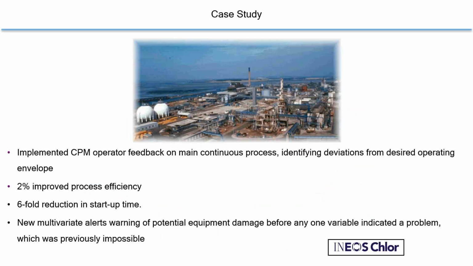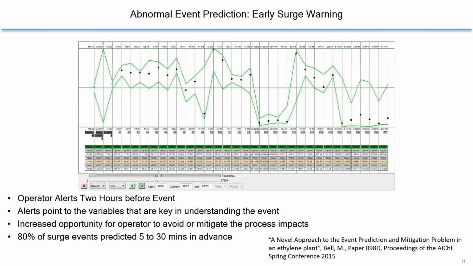That can be used for a lot of different applications. One of them is just for improving process efficiency and process achievement. And one of our users implemented a CPM model for that and managed to realize 2% process improvement, as well as a 6-fold reduction in their startup time and other benefits they weren't looking for in terms of multivariate detection.